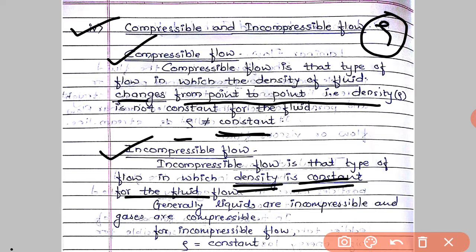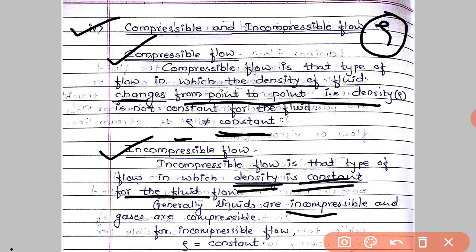We know that in general all the liquids, water or any liquid or oils, are incompressible. Any liquids are generally incompressible and gases are generally compressible. That is, we can compress any gas in a small space, and we can use it for industrial and general applications.